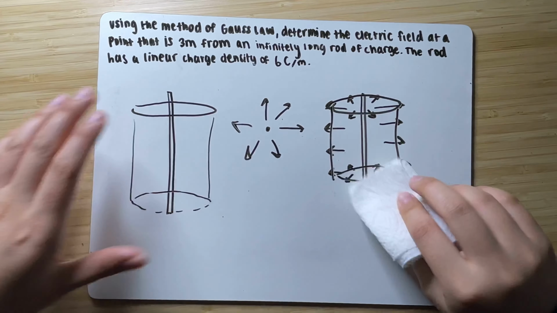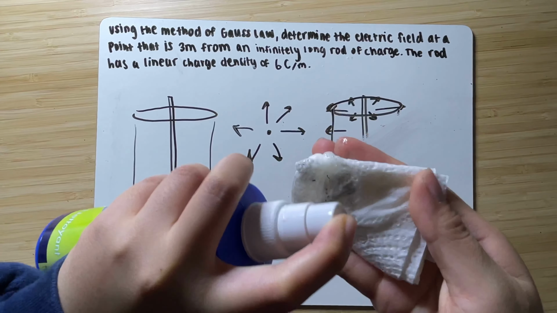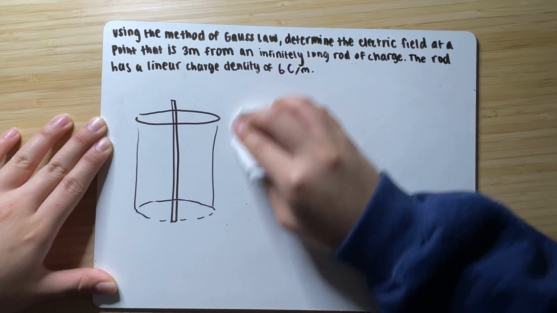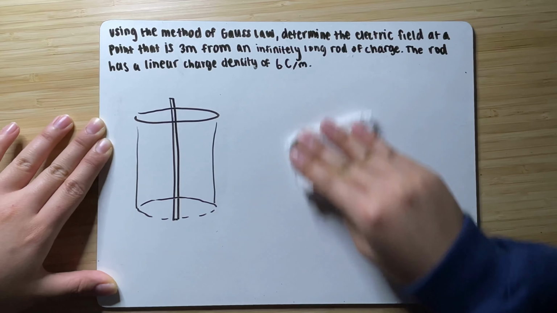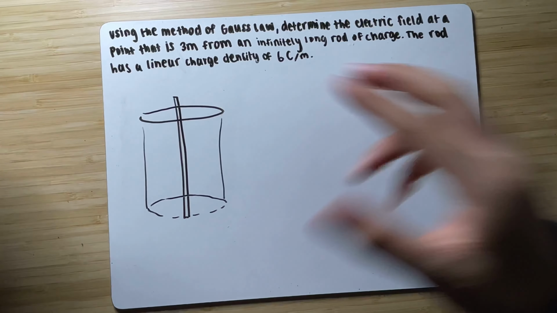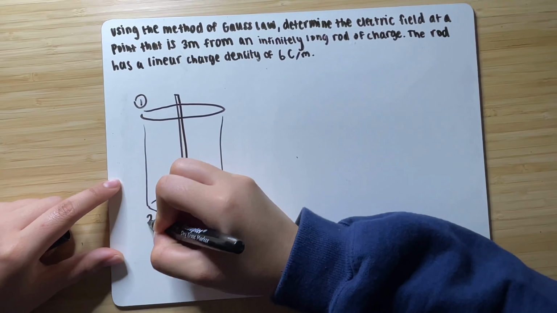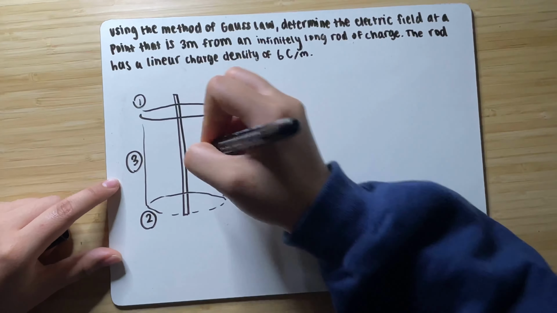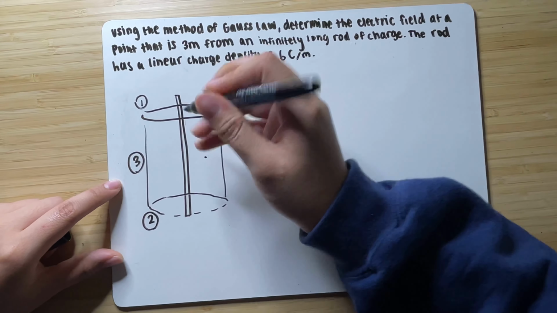Okay, moving on. Now, what else can we recognize? We can recognize that there are going to be 3 points, 1, 2, and 3. It says here electric field at a point that is 3 meters.